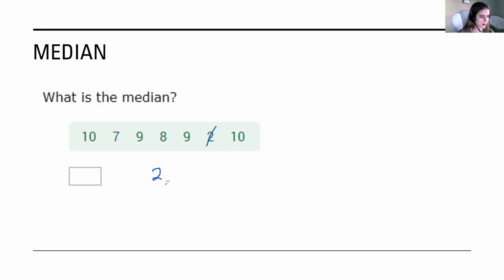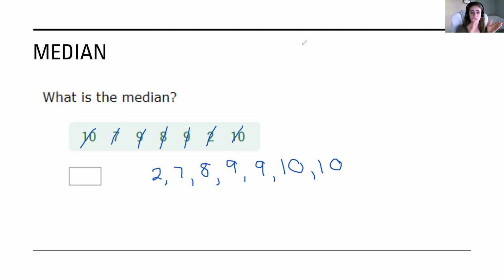Then we have a 7 and an 8, 2 9s, and 2 10s. Once they are in order from least to greatest, we can go through and find that middle number, find our median.